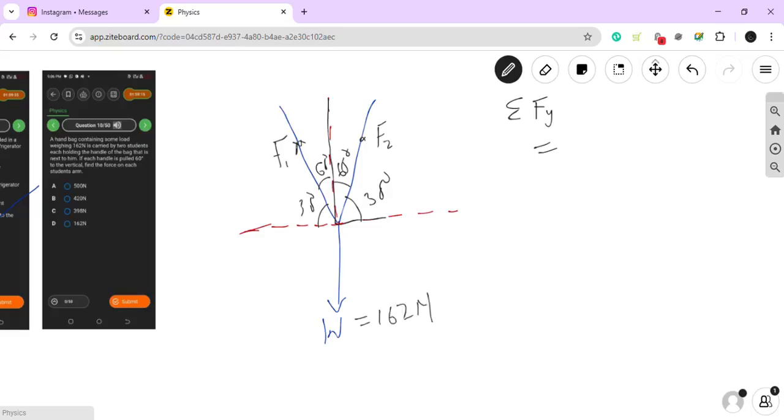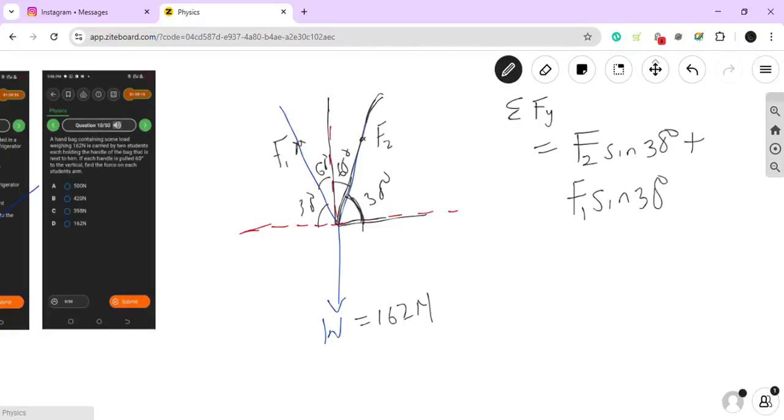So don't forget, we are dealing with vertical components. That will be F2 sine 30. The angle that I want to pick must be between the line of action of the force and the horizontal line, so between this and this is the angle you need to take, 30. Then plus F1 sine 30 as well.